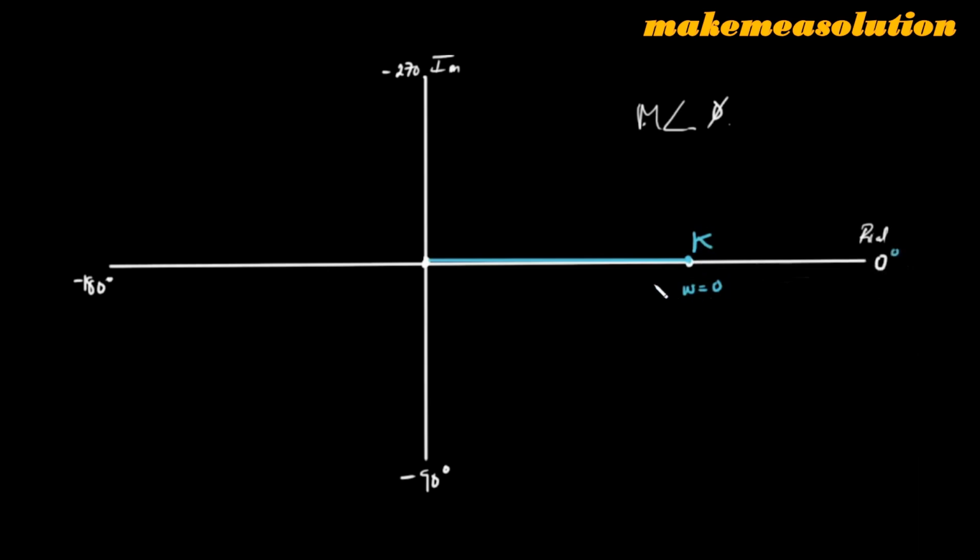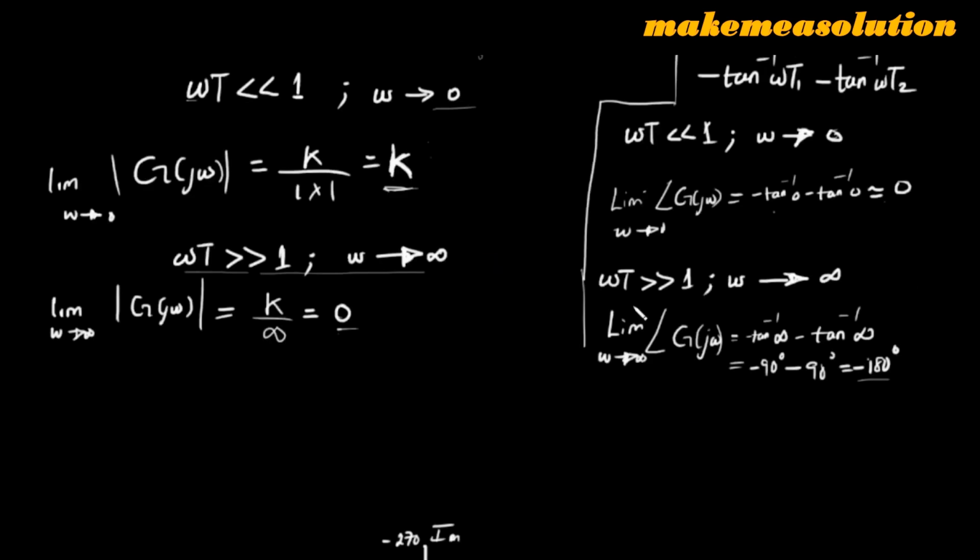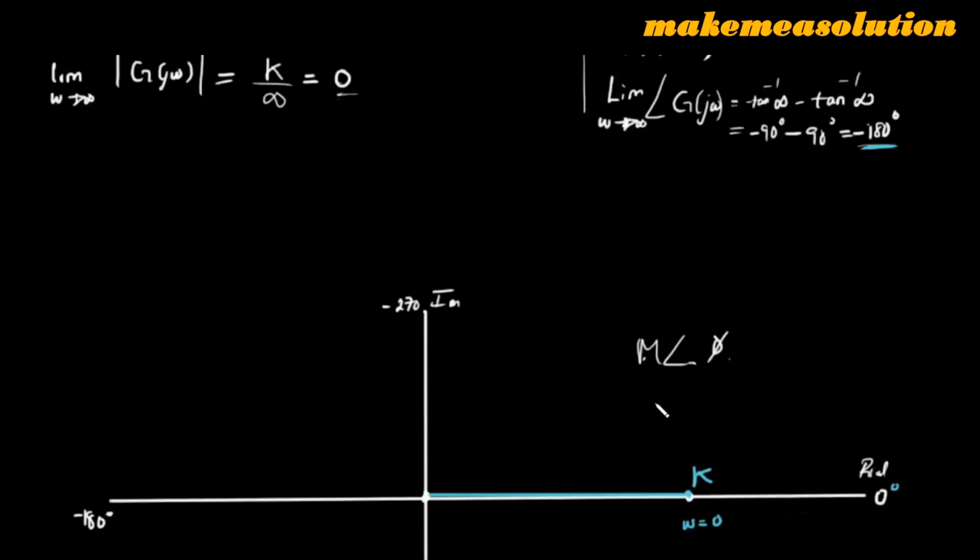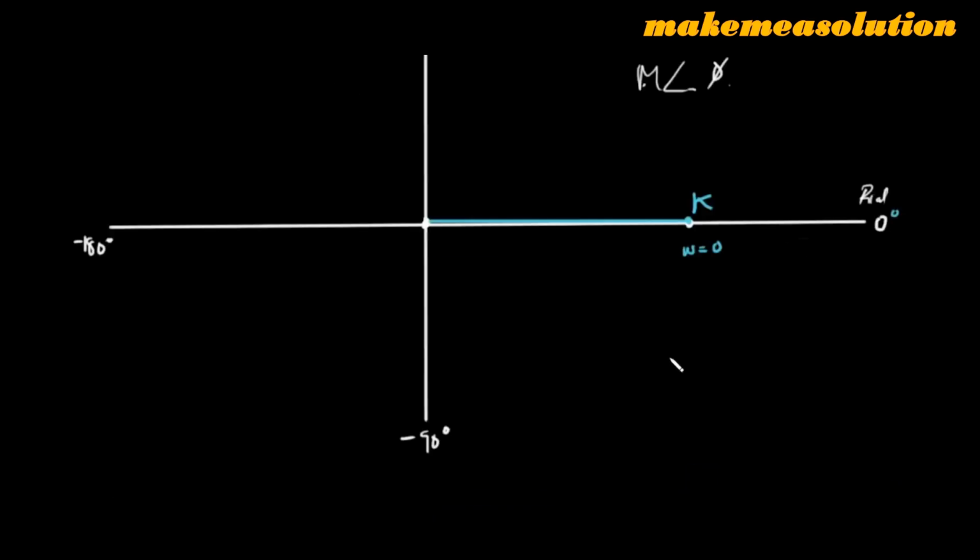Is that okay? So another asymptotic condition we got was when ω is close to infinity, our amplitude is going to be 0 and our phase is going to be minus 180 degrees. So how do you actually represent this? I know it might be strange to most of you, but the phase is actually minus 180 degrees, okay, and the amplitude is 0. So what they're just trying to tell us is that our contour originated from this point and it followed this path.